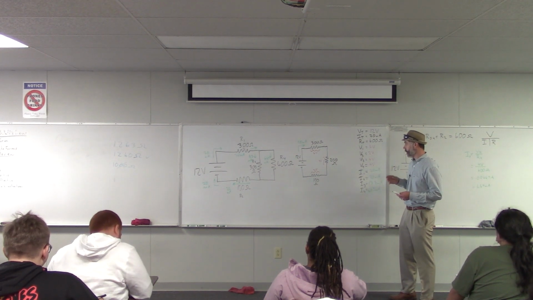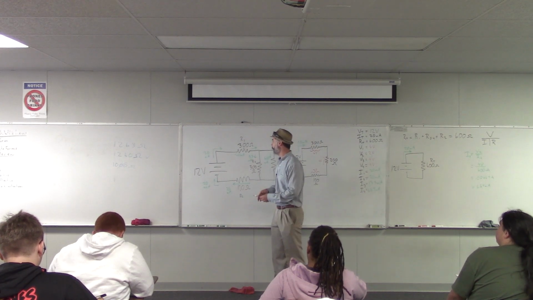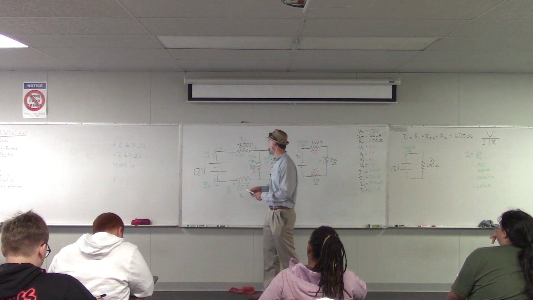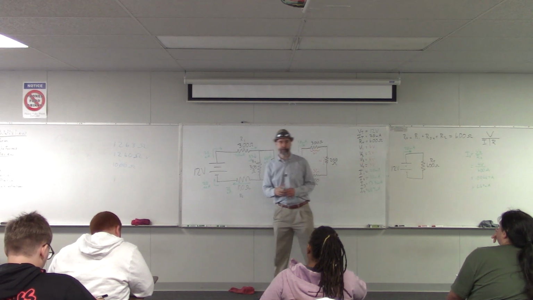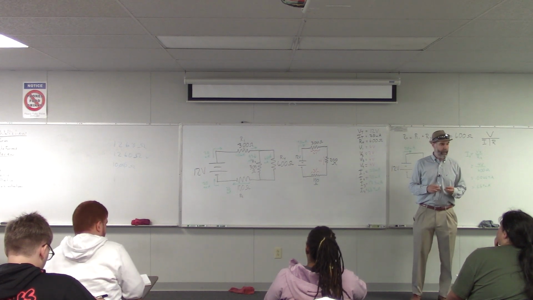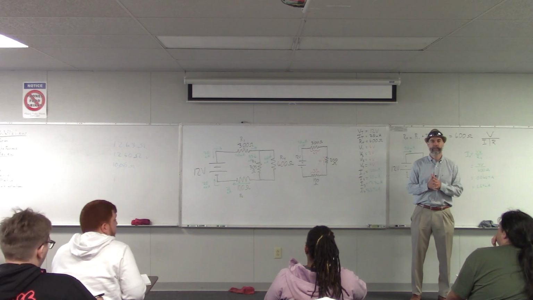It isn't. But the voltages around any loop have to add up to the power supply voltage. So that's another way that you can check. Any questions about that before we move on and do the physical thing?